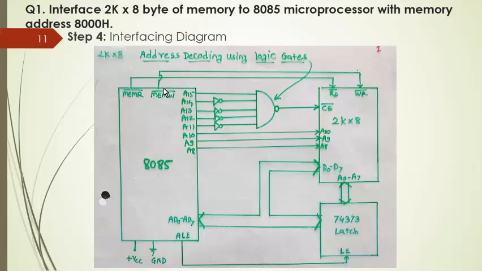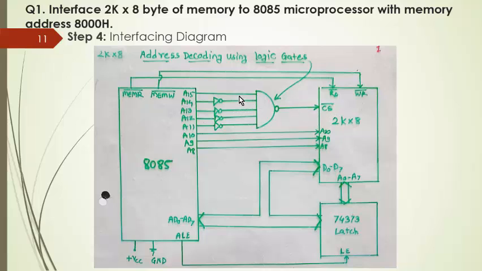Now in this case the type of the memory is not mentioned, that is, RAM or ROM. In case of a ROM IC you have to connect only the RD bar signal, that is the read bar signal, because only reading is possible. So simply you connect a single control signal, read bar, and if a RAM kind of IC is used, then you have to connect both control signals to the RAM IC, that is read bar and write bar.